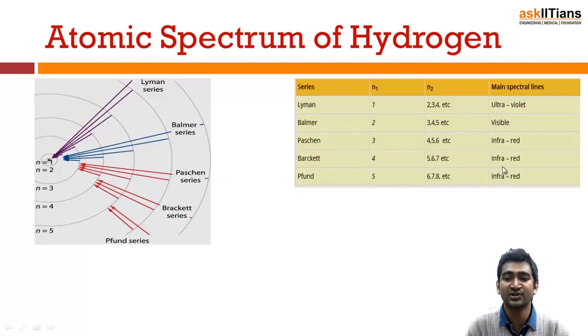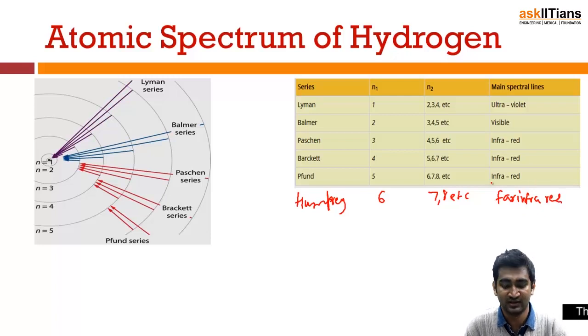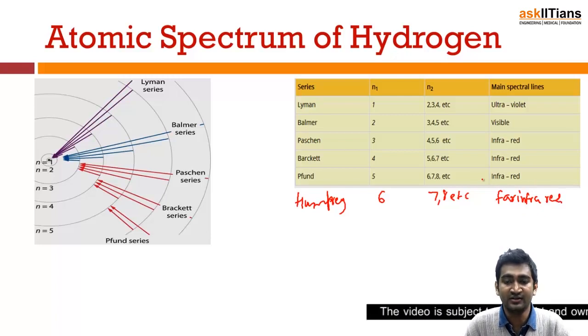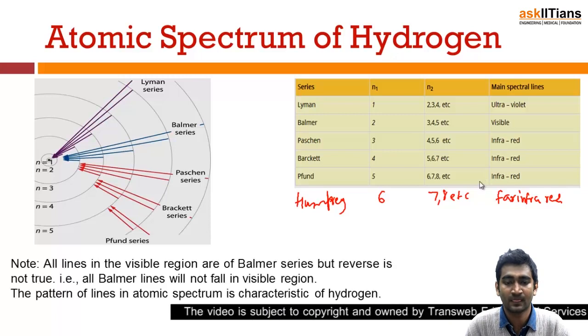Then you have the Humphreys series also, in which my n1 will be equal to 6, and n2 can be 7, 8, etc. That is your far infrared region, beyond the red as well.